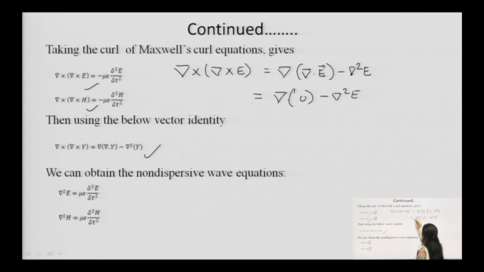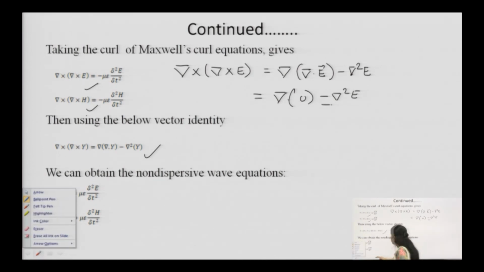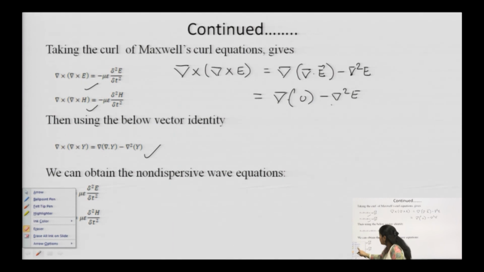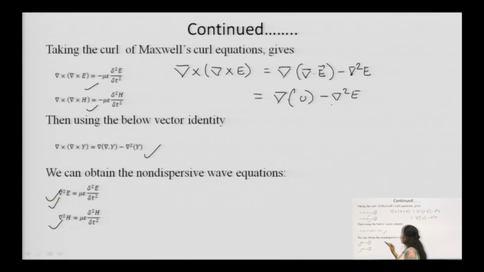So, in the place of this, we can write this one with a minus sign. Similarly, for this one, we are getting this. So, we are getting the general equation for wave propagation. This is the general wave equation in terms of the E and H field.